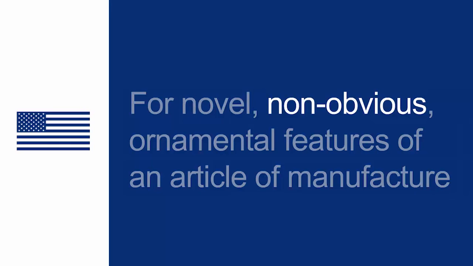In order to determine this, the person who examines your design patent application will ask, would the design have been obvious to a designer of ordinary skill with the claimed type of article? They may determine that a design is obvious if a designer of ordinary skill would have been motivated to modify a prior known design by deleting features and/or interchanging for or adding features from other pertinent designs.